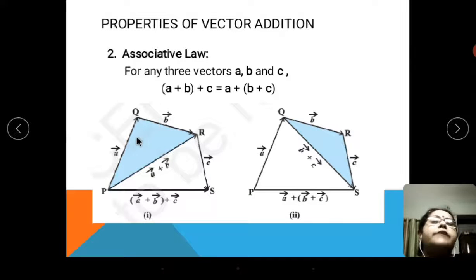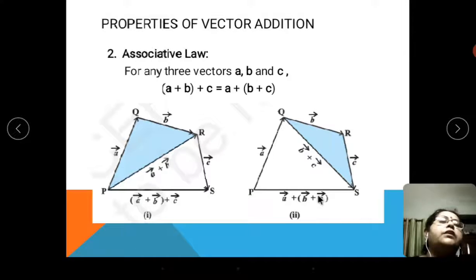Now, if we add A plus B first, as in figure 1, then we consider the triangle PQR and this third side PR represents A plus B. Now, with this A plus B vector represented by PR, we add the C vector. So, again by the triangle law, the third side PS represents A plus B plus C.